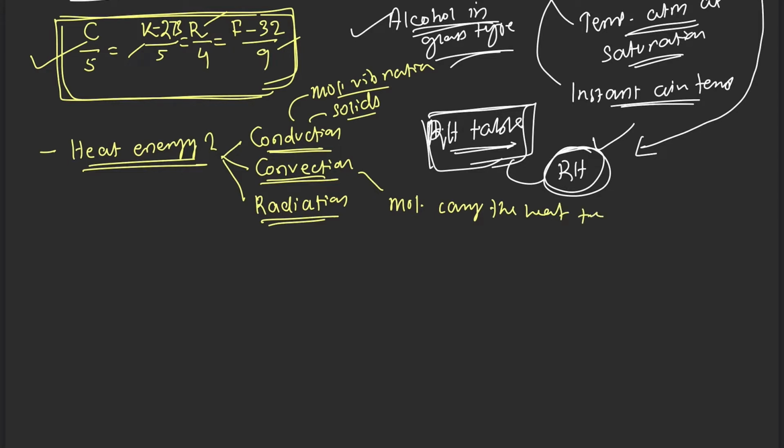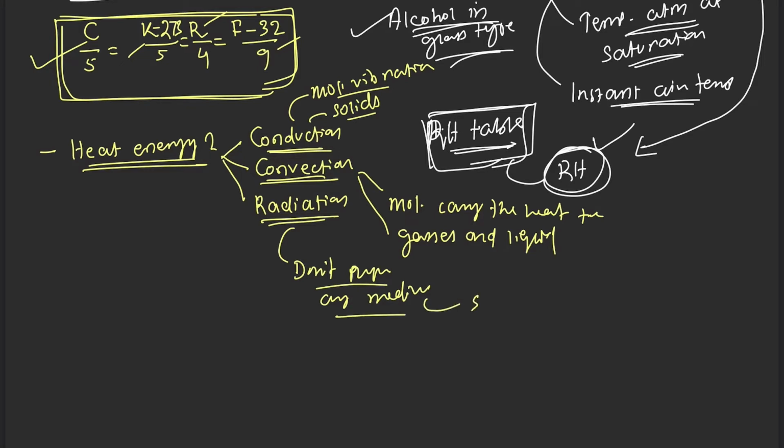This is mainly found in gases and liquids. Then radiation does not require any medium for its transfer, and it is mainly through electromagnetic radiation. We have already discussed this in the solar radiation portion, right?